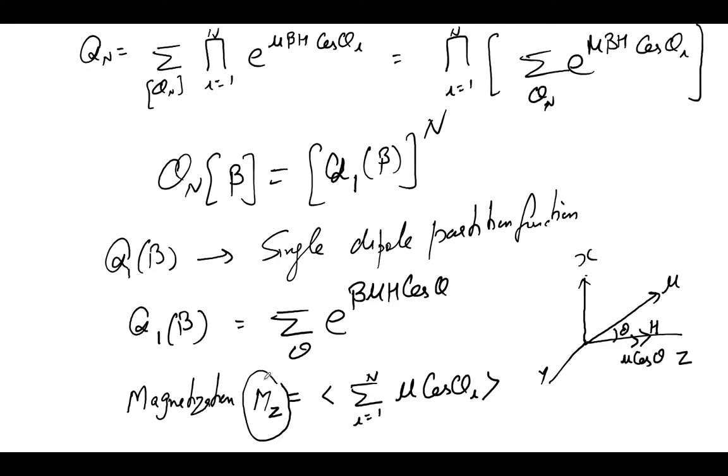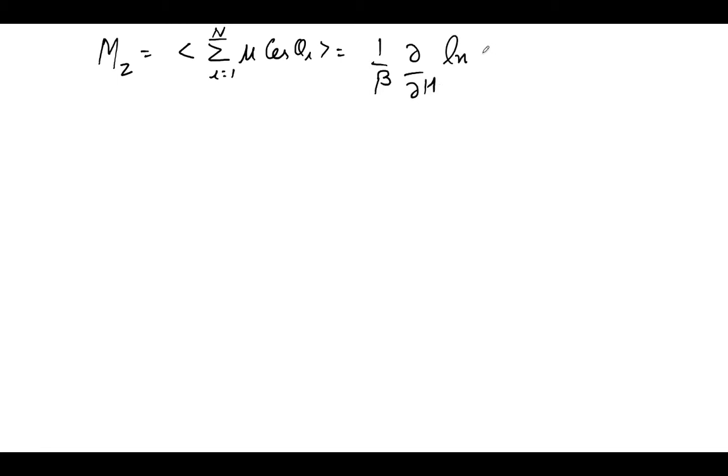So let us solve this equation further. Mz, that is summation of i from 1 to n of mu cos theta i, we can write as 1 over beta, partial derivative with respect to h, of the log of the partition function.